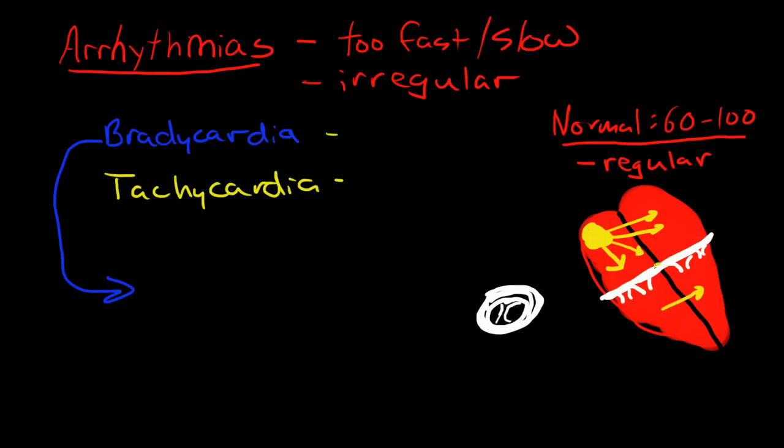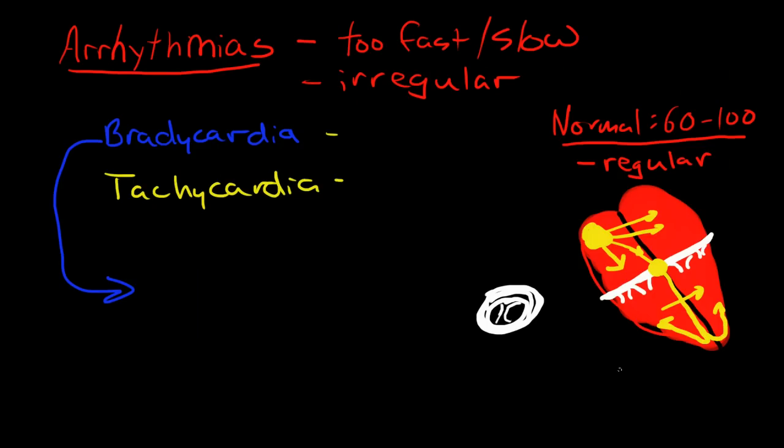Then we have an AV node here, which is the only pathway in a normal heart in which the action potential can pass from the atria down into the ventricles. The AV node slows the conduction so that there is a delay between atrial and ventricular contraction, but it generally passes it by quite effectively.